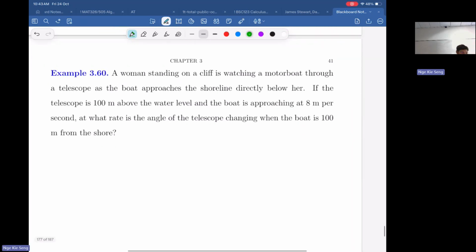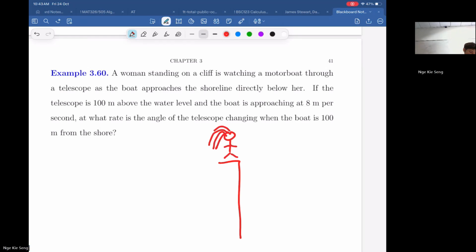So there's a woman standing on a cliff. Let's draw a cliff, and then there's a woman here standing on a cliff, watching a motorboat through a telescope. So there's a boat here. Not sure how to draw the boat, so let's try.